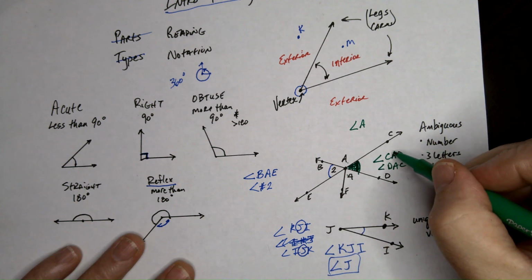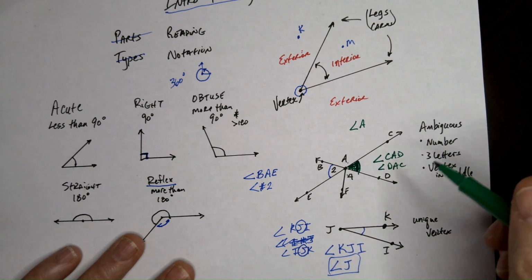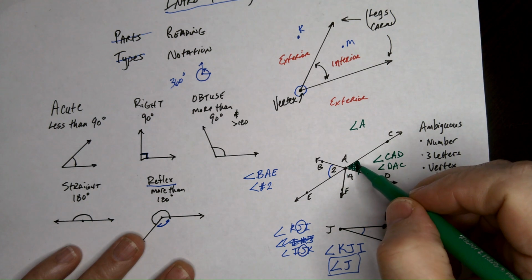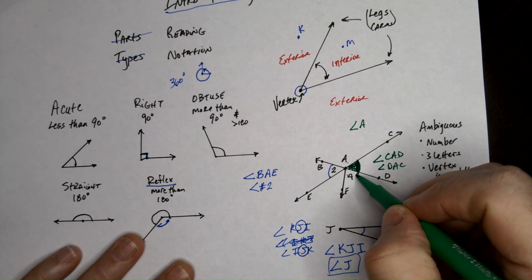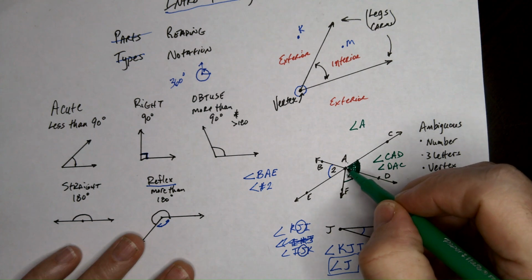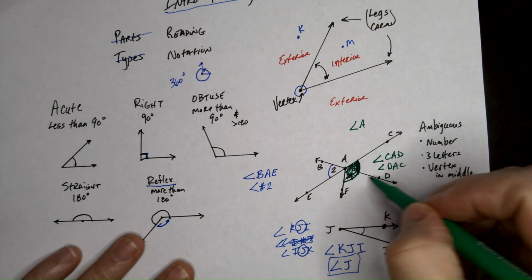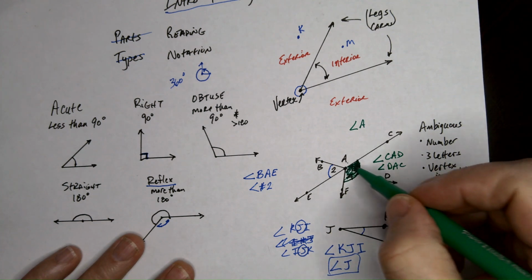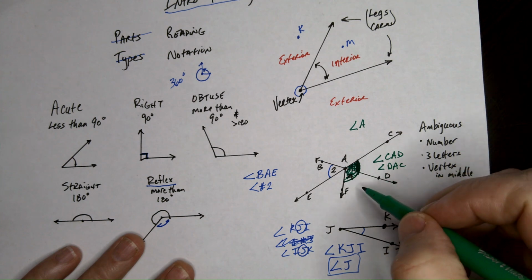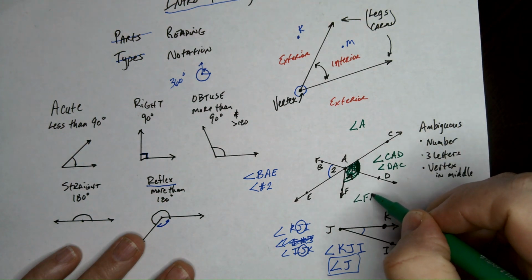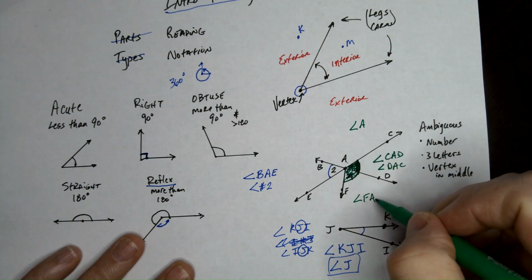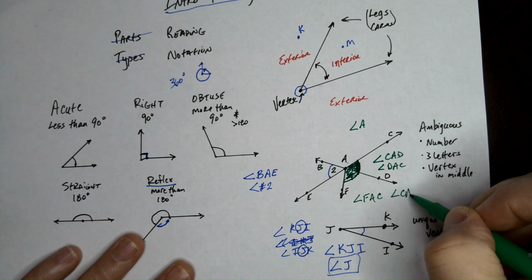They're both the same. The thing that's important is that middle letter is the vertex. Now, let's say I wanted to change that, and let's say I wanted to have this angle, this right here, both of them together. It doesn't matter that this ray AD is cutting them. This angle right here would be FAC, or CAF.